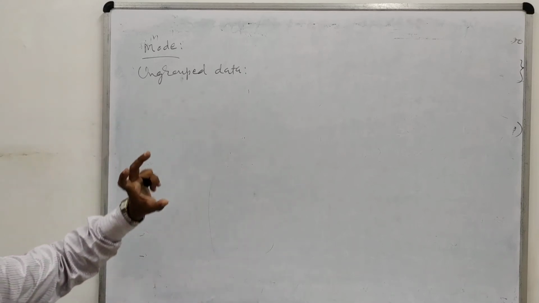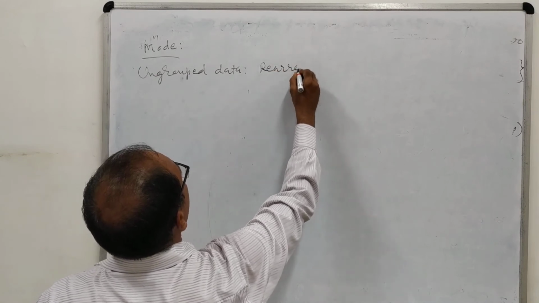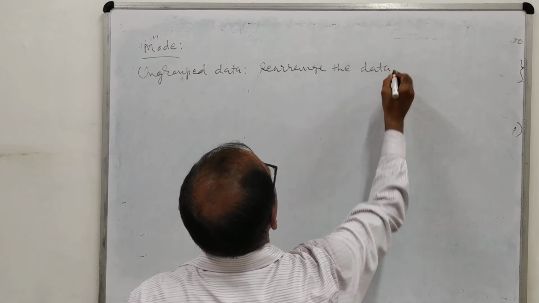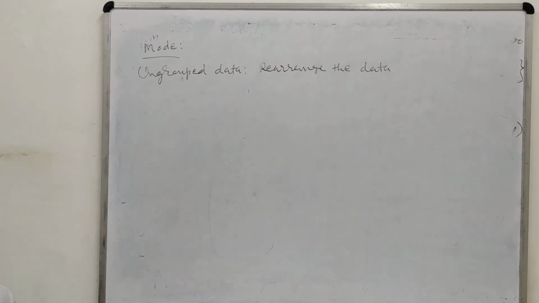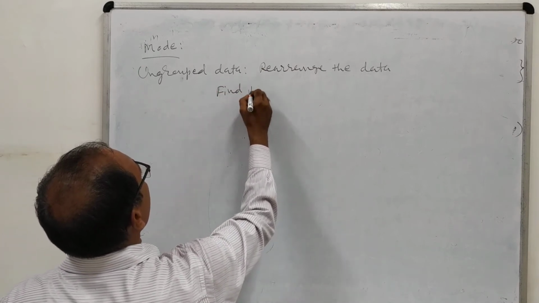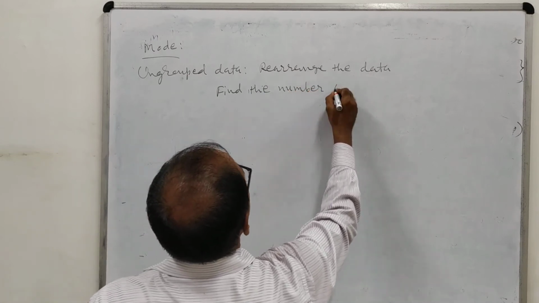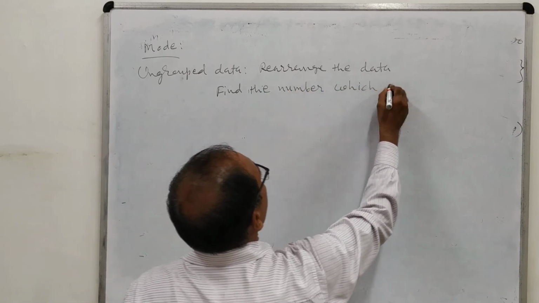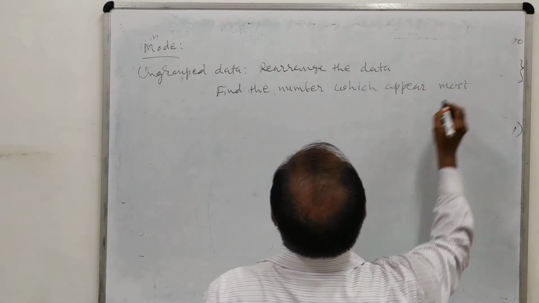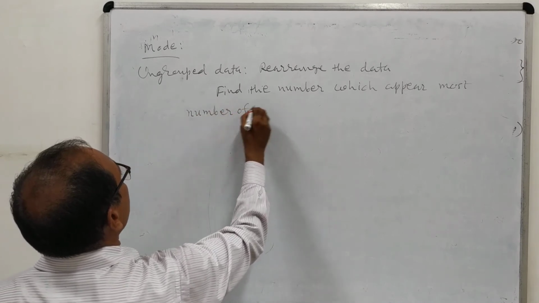Mode is nothing but, first of all, rearrange the data in either increasing or decreasing order. Then find a number which appears the most number of times.